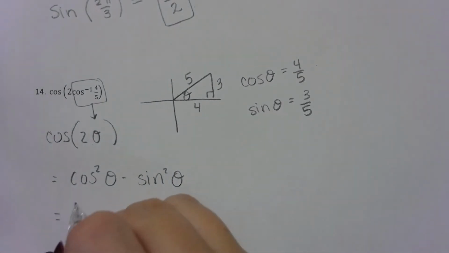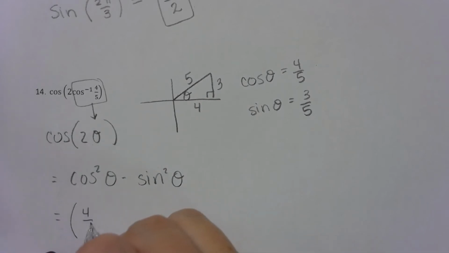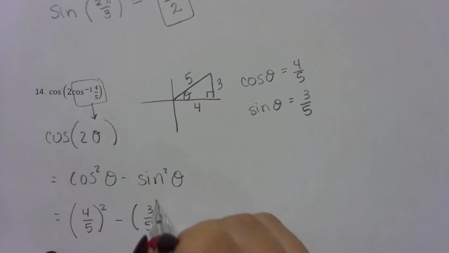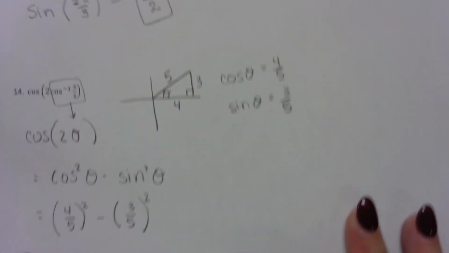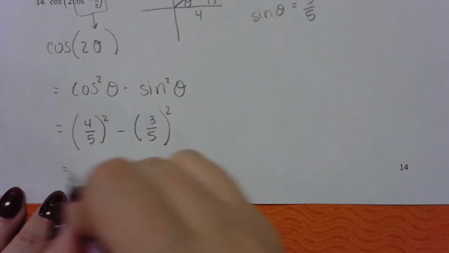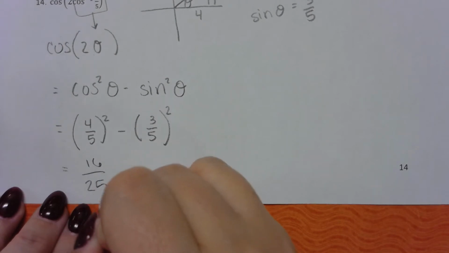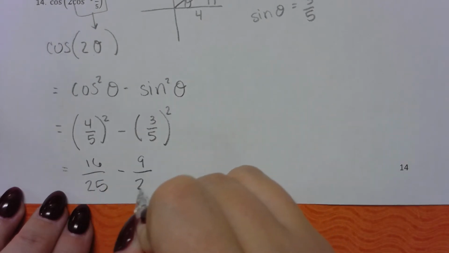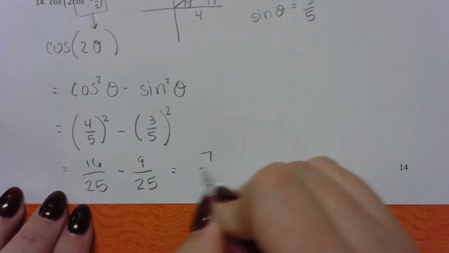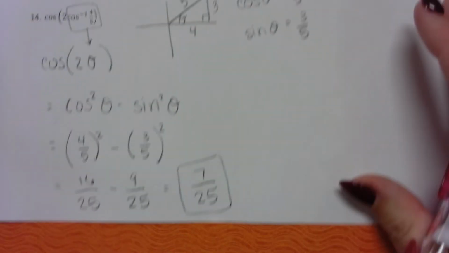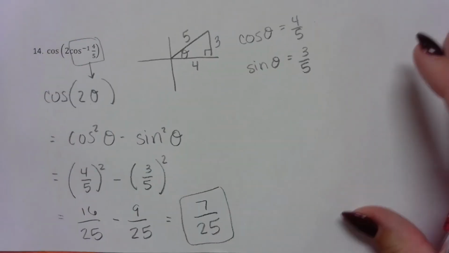So if I plug that in, cosine is 4 over 5 squared, sine is 3 over 5 squared, and then let's use our math. That gives us 16 over 25 minus 9 over 25, which gives us 7 over 25. So this is very similar to part 1 video.